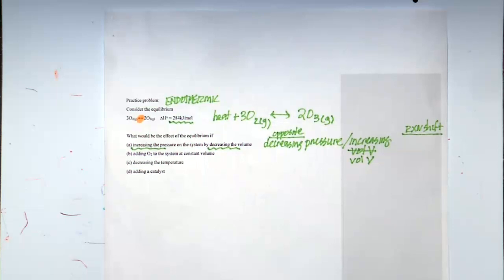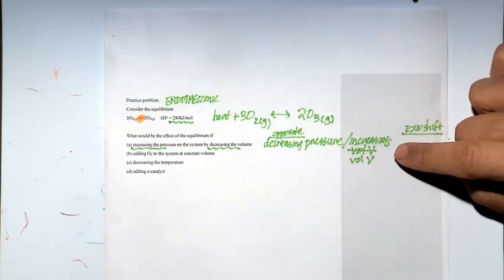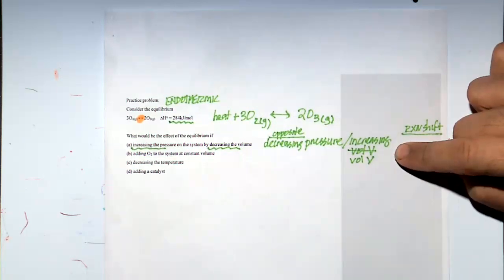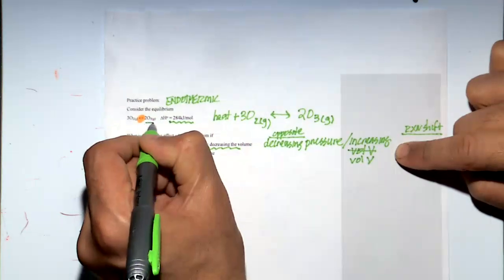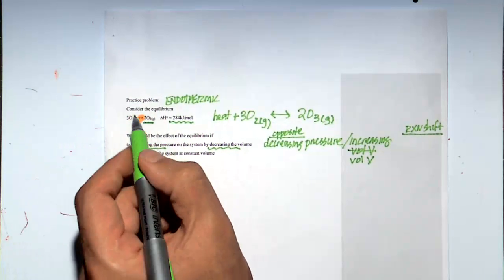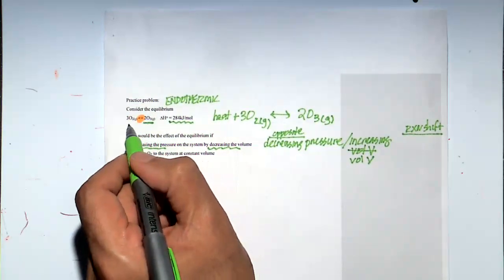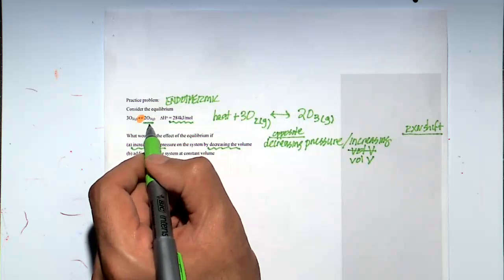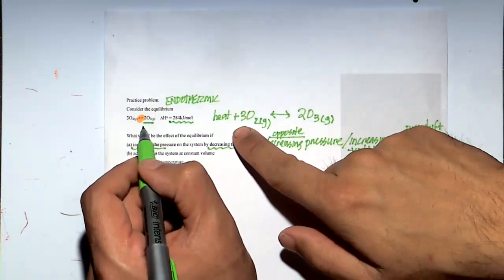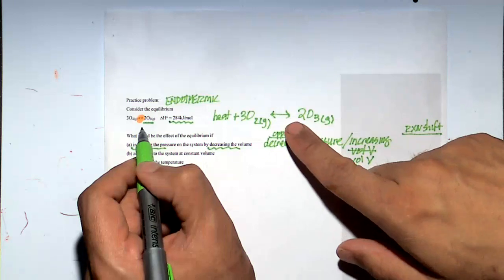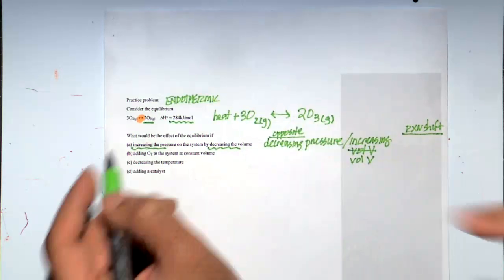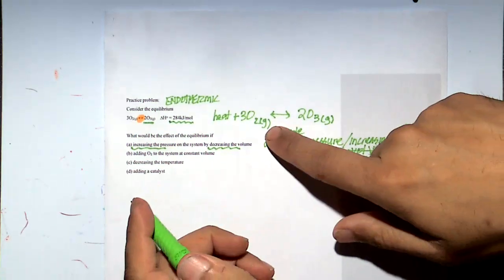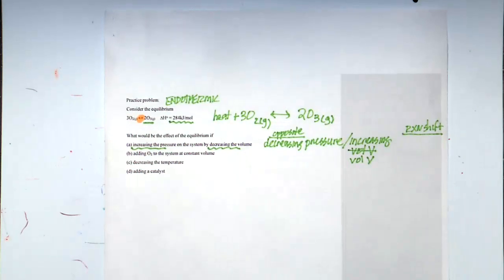You're right. The side that has the increased volume and the side that has decreased pressure is going to be the product side. You see, 2 exerts less pressure than 3. 2 moles of O3 gas exerts less pressure than 3 moles of O2 gas. 2 moles of O3 gas will take up more volume than 3 moles. 3 moles is a little more concentrated, 2 moles less concentrated.